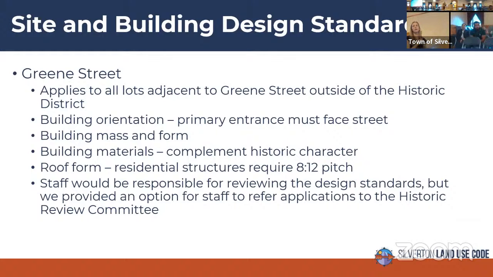There is a roof pitch requirement for residential structures. Again, just sort of in the spirit of the historic character of the main entry into Silverton. And then as drafted, staff is responsible for the review of these standards, but there is an option for them to refer it to the Historic Review Committee if they are concerned about a particular design coming in on Green Street. Next slide, please.